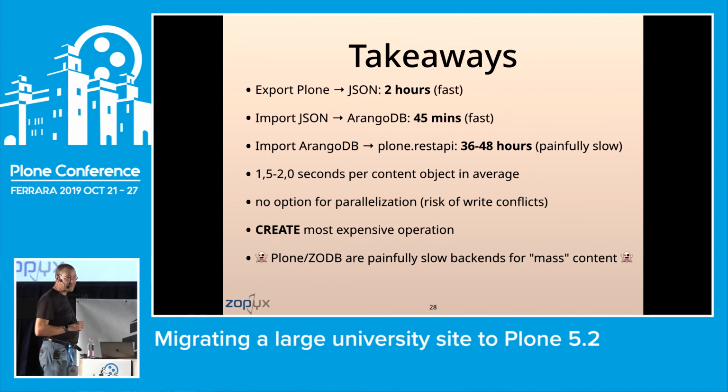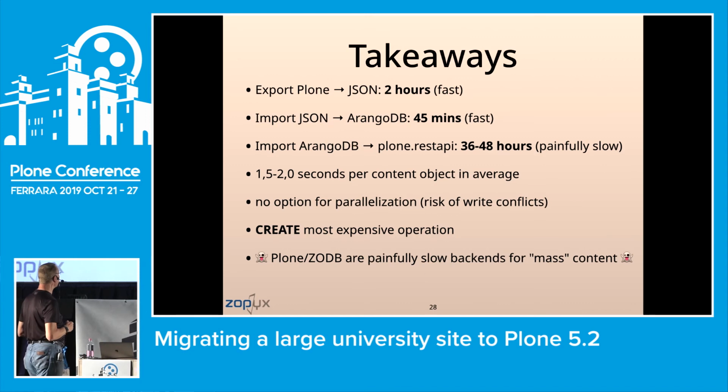Most of the time is spent when you create a new object in your folder. This should take something like 1.2 seconds or so, depending on your machine hardware. And then you have some other operations for updating your workflow state and so on on top. So basically 2 seconds per object.